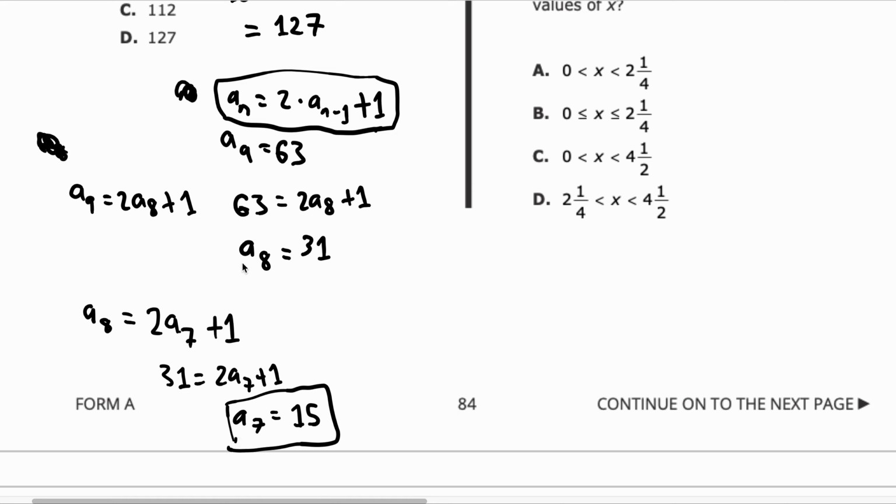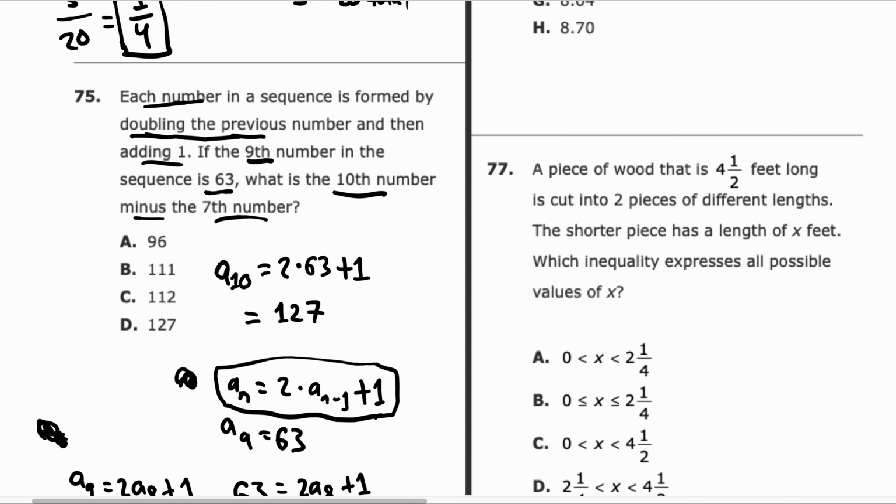We know furthermore that we solved for A10 being 127. And now let's look at what we're asked in the question. So what we're being asked for in this question is to take our 10th number minus our 7th number.